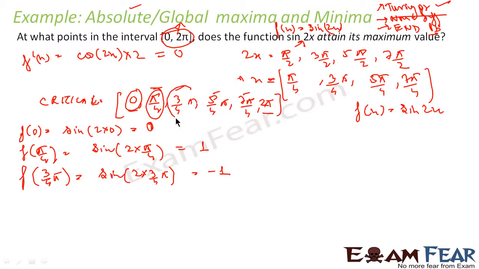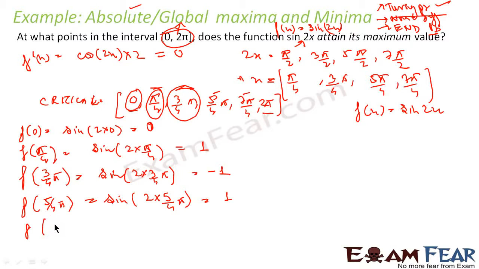Similarly, let's take 5 by 4 pi. F of 5 by 4 pi is sine of 2 into 5 by 4 pi, that is sine of 5 by 2 pi, which is 1. If you have difficulty understanding why sine of 5 by 2 pi is 1, please watch my trigonometry videos where we explained everything clearly.